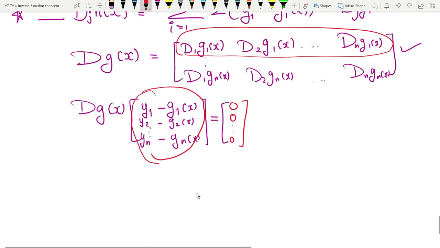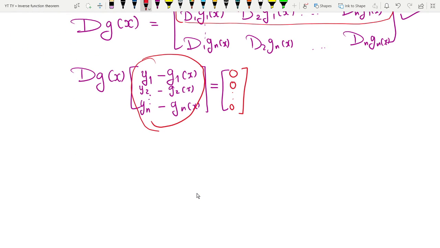Is it fine? So what we understood is that if I multiply that matrix with this new column matrix that I have considered, I'm going to get a 0 matrix. Now let us see what can happen if the answer is 0. What do we know about this derivative? This derivative has determinant not equal to 0.